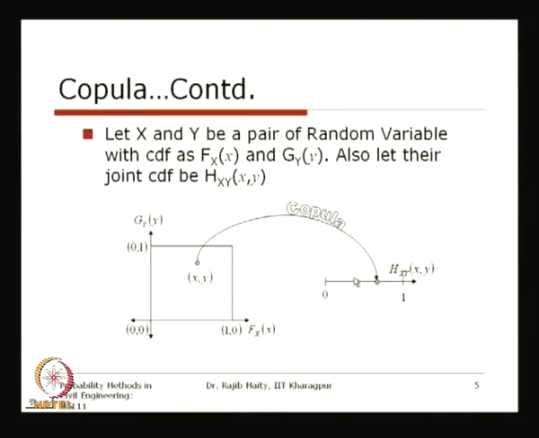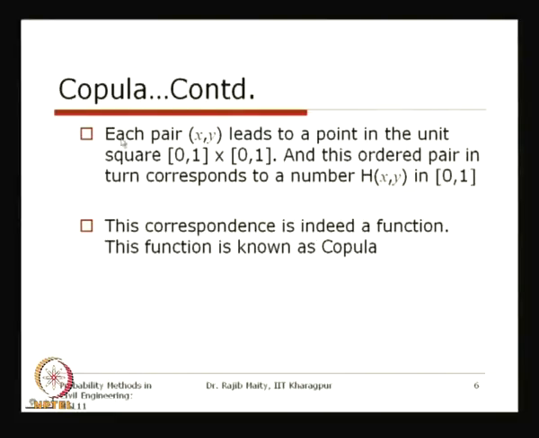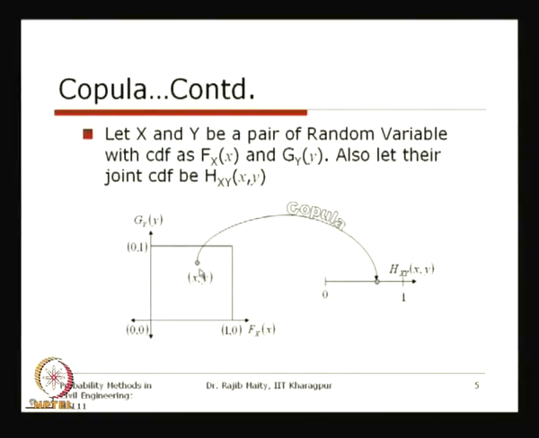Now, these two points correspond to each other through a function. This correspondence, the function that makes the correspondence between these two, is what is known as the copula function. So, each pair x y leads to a point in the unit square 0 1 by 0 1, on the plane made by Fx and Gy.